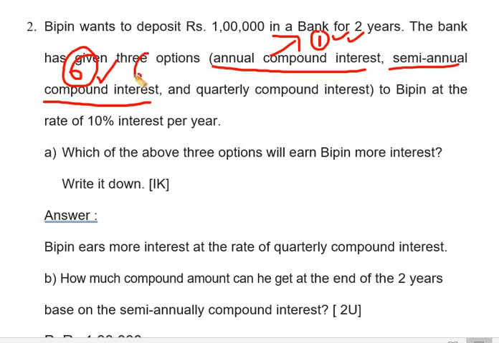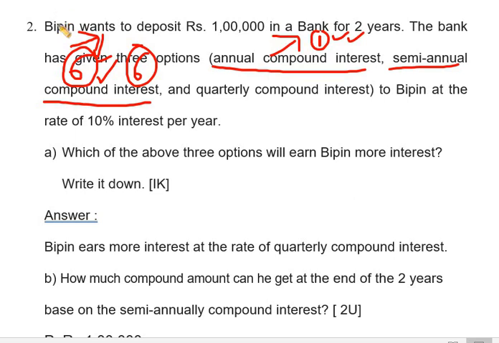In 1 year there are two 6-month periods. So after the first 6 months the bank provides you interest. Now this interest is converted into principal, and again you earn interest on interest.